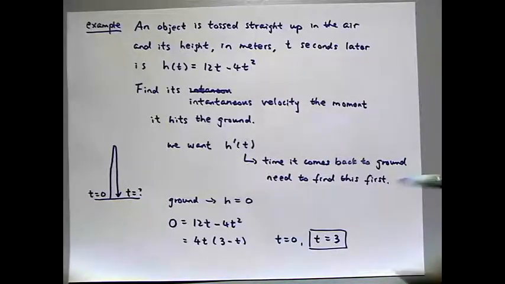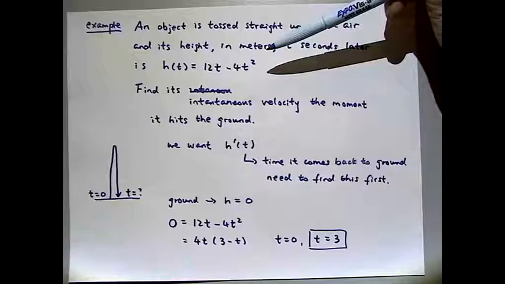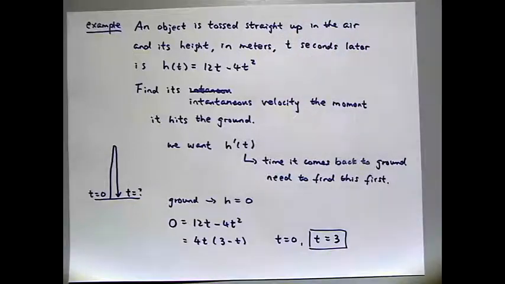Okay, now we got a time. We know how to find the derivative. It's just a matter of picking either form of the two formulas. Like I said earlier, generally there's not a big difference between the two forms.